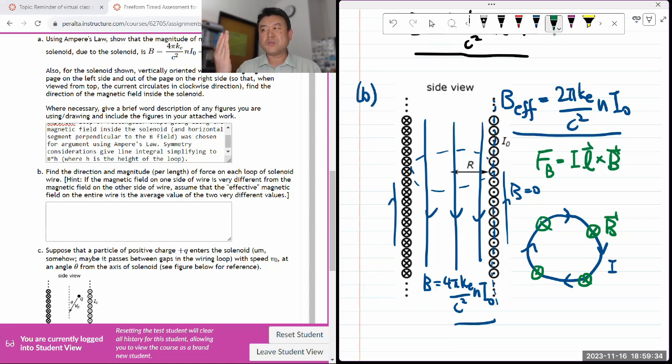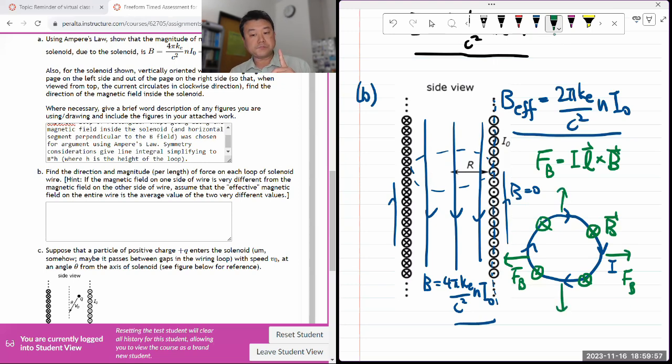Magnetic field is pointed into the screen. So doing IL cross B, I get a force that's pointing to the left. And as I imagine going around and doing that, force will always be kind of pointed outward this way.